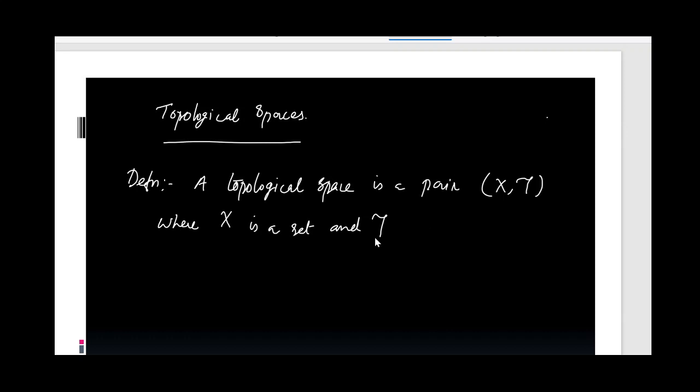Some may name this as tau also, no problem, whatever notation you are following.